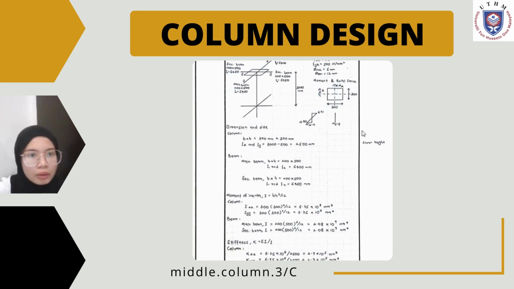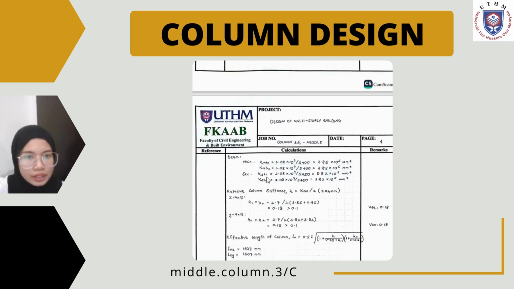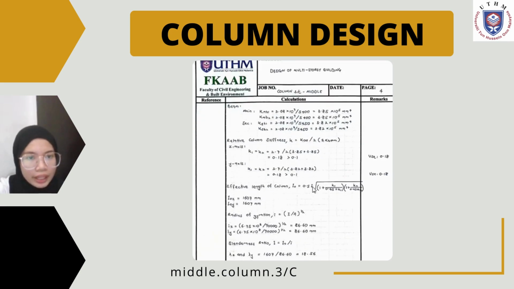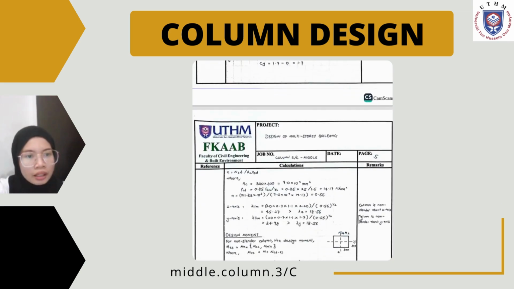For this step, it is also the same as the previous type, but the calculation for stiffness at secondary beam is different due to the length and two parts of secondary beam. So the slenderness limit for Z and Y axis are different, but the output is the same, which is their classification is non-slender at both axes.